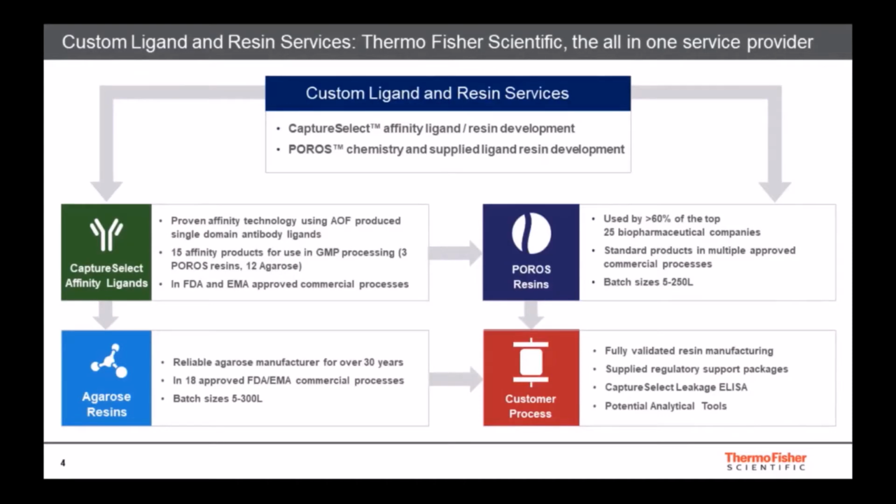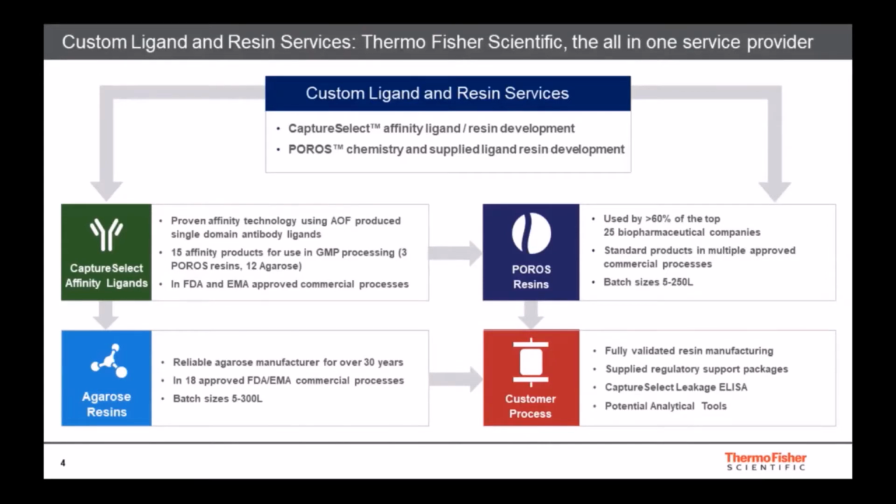Within Thermo Fisher, we have a few different routes to get to a bioprocess custom resin. The route on the left is using our CaptureSelect ligand technology, and the path on the right is using strictly porous resins. What we want to do is get you to a bioprocess resin suitable for GMP manufacturing.